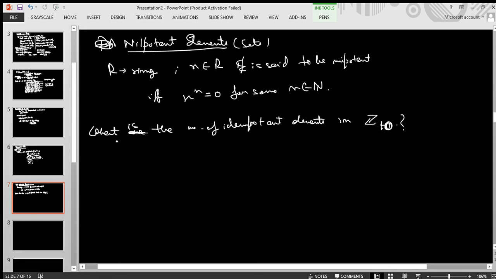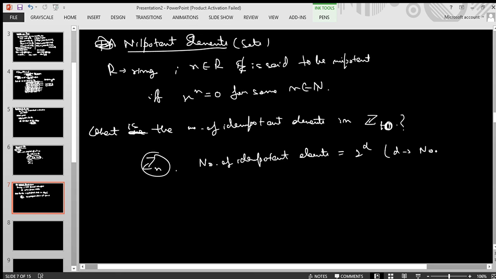So what is the number of idempotent elements in Zn? How to find this? If you have any Zn, the number of idempotent elements will be 2 to the power d, where d is the number of prime divisors of n.